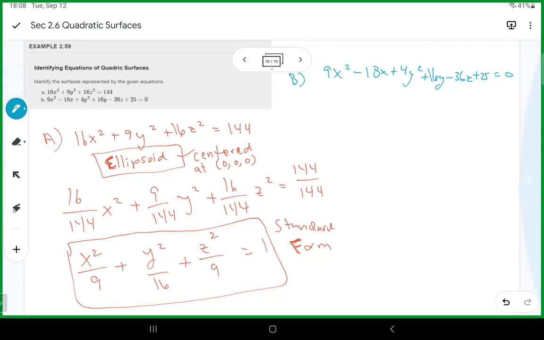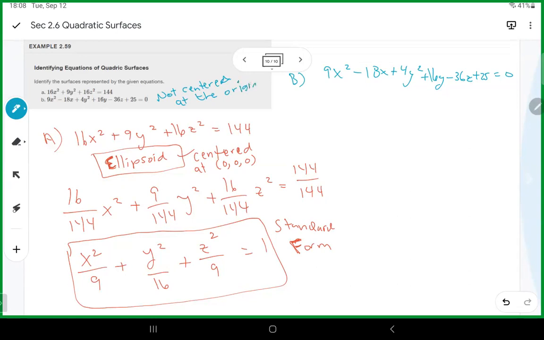We also notice that there are x terms and y terms that are not squared. So this is a quadratic surface that is not centered at the origin, because then we're going to have to do some extra work.